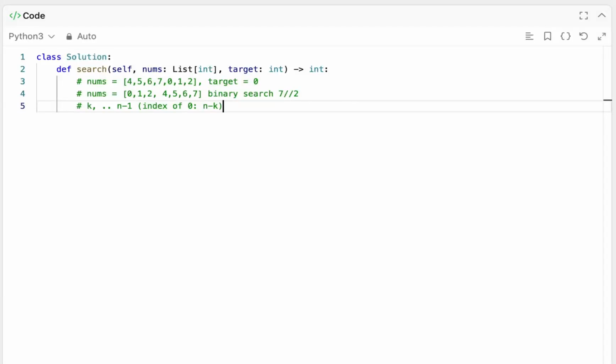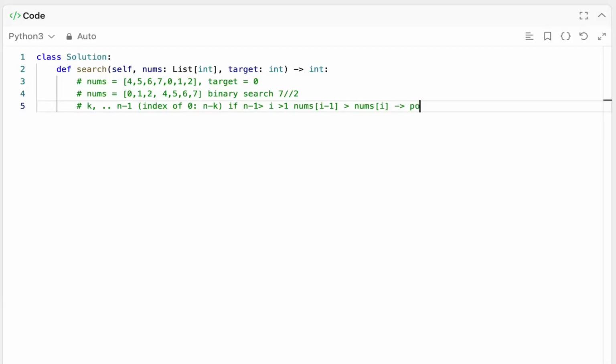The easiest solution is to iterate over nums and find the first time we find nums of I minus 1 strictly superior to nums of I. If I between n minus 1 and 1, I do find this I verifying this condition, then it was rotated.